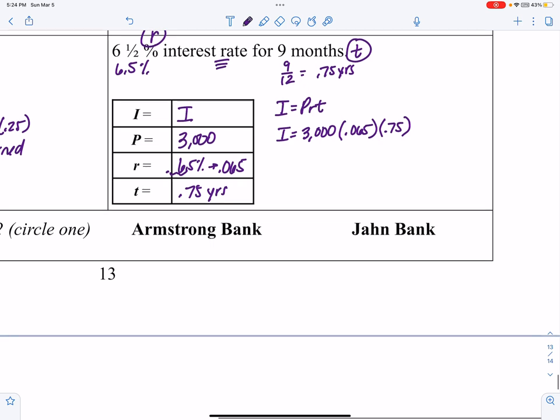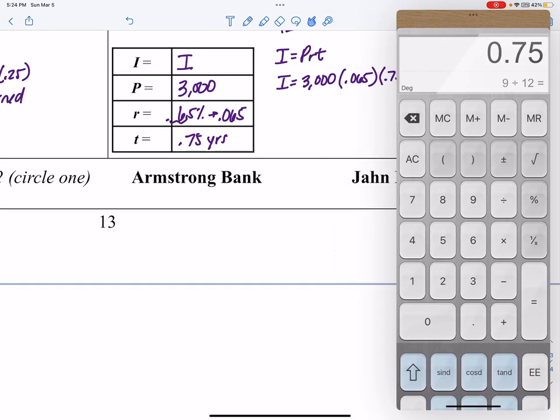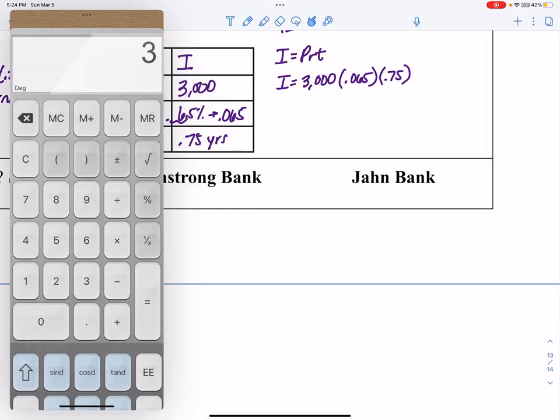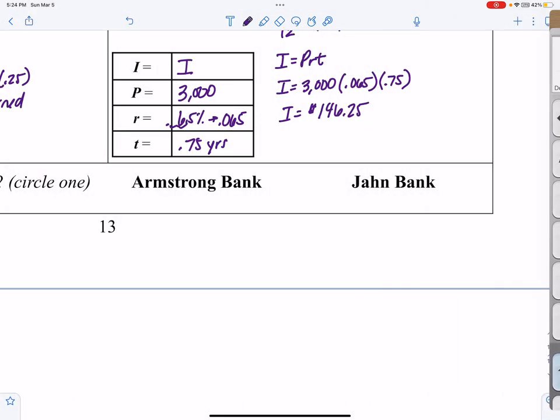Let's go ahead and solve that. So for the Jan Bank, we have $3,000 times 0.065 times 0.75, and we get an interest earned of $146.25. So let's go ahead and compare the two now.